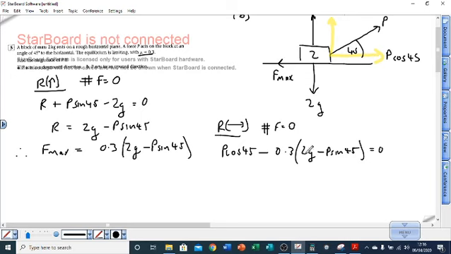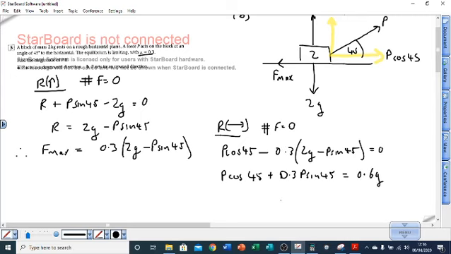Right, expanding this out, you end up with P cos 45. I've got minus 0.3 times minus P sin 45, so it gives me positive 0.3 P sin 45. Then minus 0.3 times 2G gives 0.6 G thrown over.